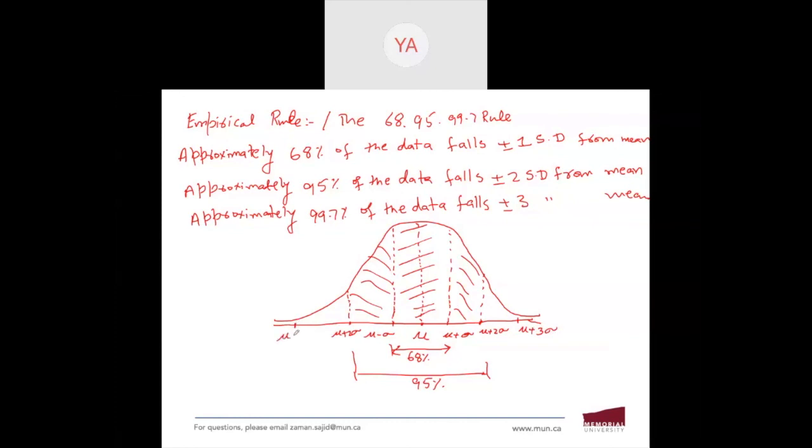Now this is another area. So this range has 99.7% of your data.